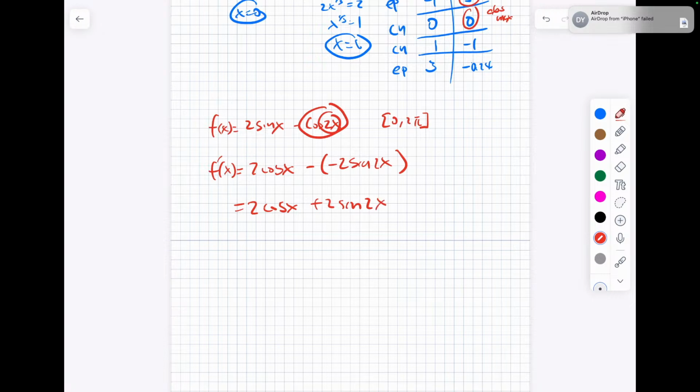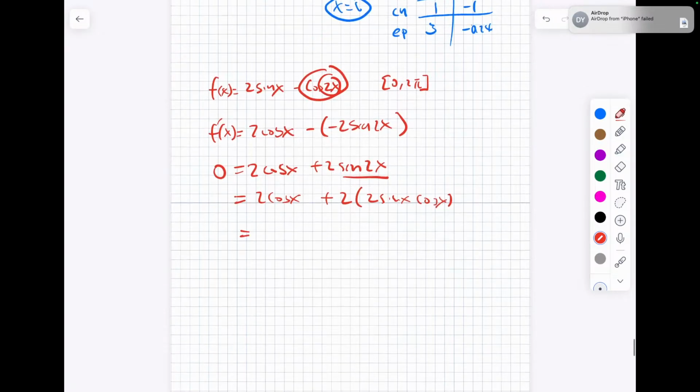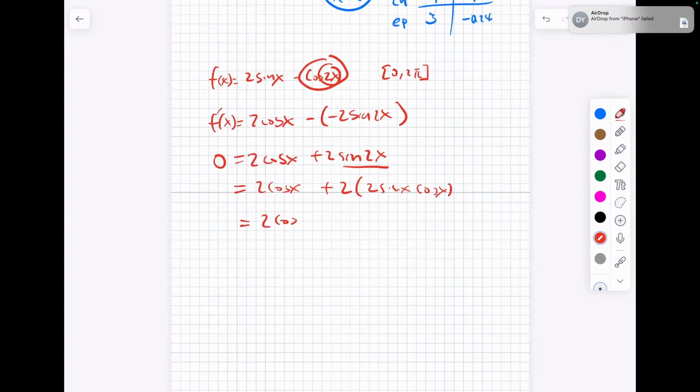Now, is it possible to find 0 here? Yes or no? The answer is no, because 2 cosine of x plus this one needs to change. So it becomes 2 times 2 sine of x cosine of x. You guys can go. I'll just finish recording this. You can watch the last part. So 2 cosine of x plus 4 sine of x cosine of x equals 0. I can factor out 2 cosine of x.